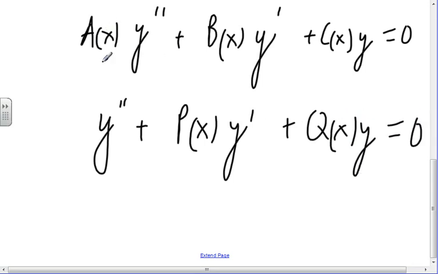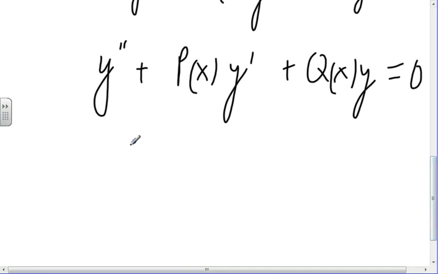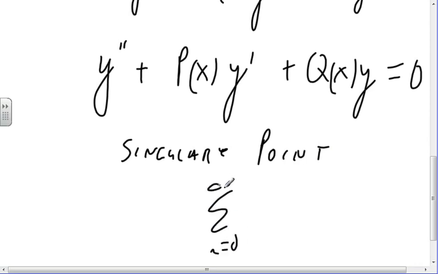So I'm dividing by a x, and then I ask myself, is that expansion, in this case around x is equal to 0, do I have a singular point around the point that I'm doing the expansion at? And if the answer is I do have a singular point, then I can't use the summation n equals 0 to infinity of a_n x to the n as an expression for y. It's not going to work.